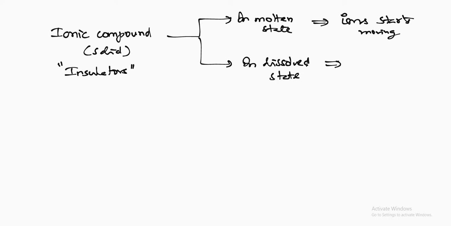Here also ions start moving. So in the molten state or in the dissolved state, the ions can move freely. Therefore, the conduction takes place. So ionic compounds are good conductors in the dissolved state or in the molten state. Okay, students, is this clear?